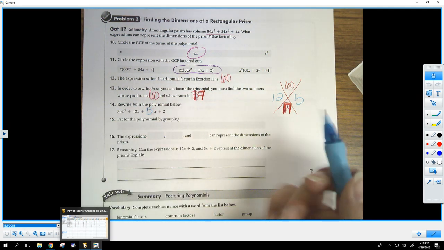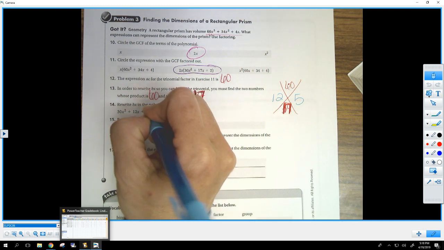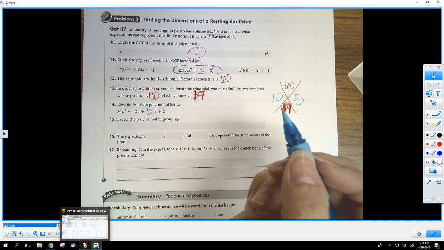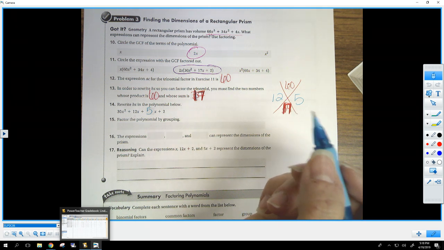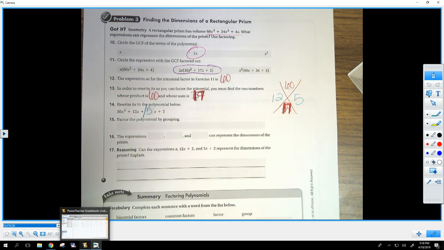So we're going to factor it by regrouping. So I'm going to cut it in half, right? How am I cutting it in half?